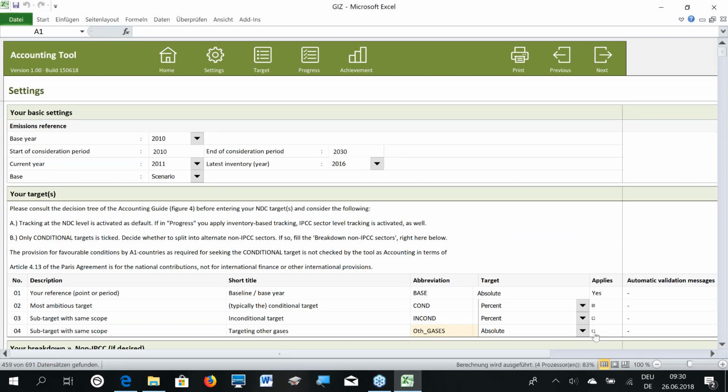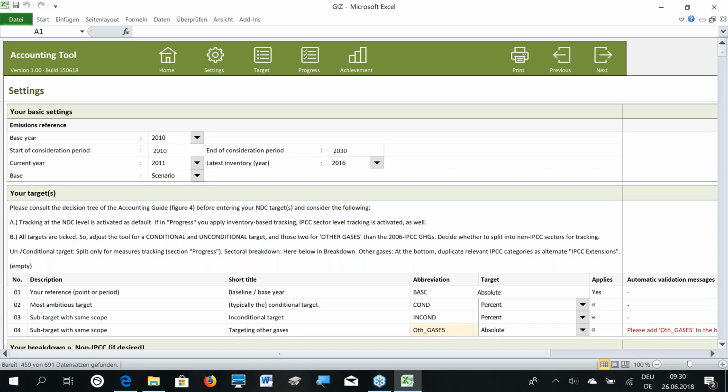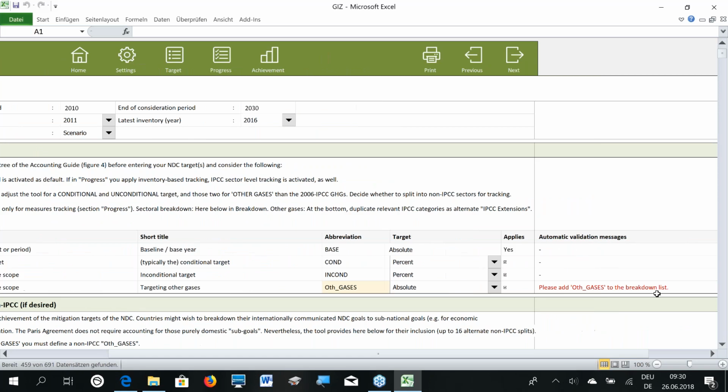And if I select all target types, then the text also adapts, and additionally there appeared this warning message, which says that in this case you would have to add these other gases to the sectoral breakdown list. But what is this breakdown list?